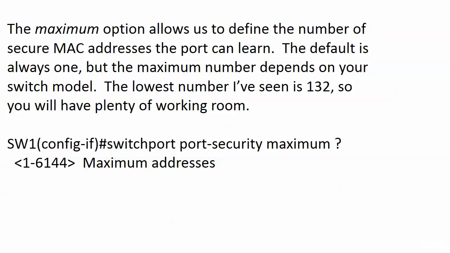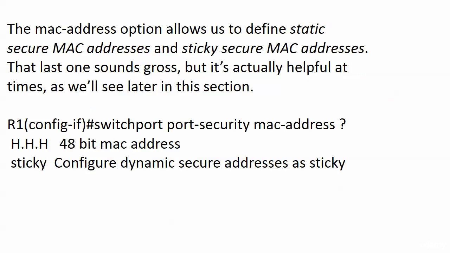So you're going to have plenty of working room one way or the other. In the switch that we're on right now, you can see I could set 6,144 secure MAC addresses on that single port. I would suggest you not set 6,144 secure MAC addresses on a single port unless you have a darn good reason for doing so. Someone must have a reason or they wouldn't have set the range that high.